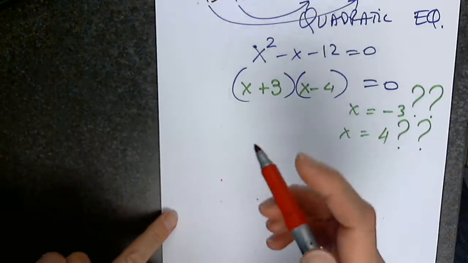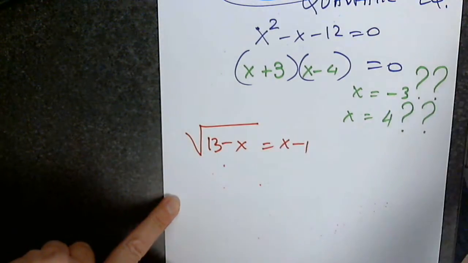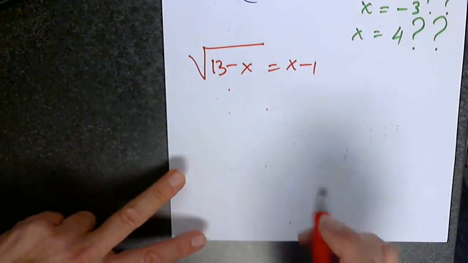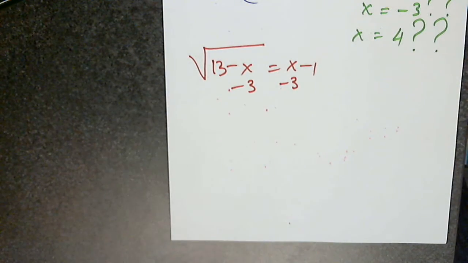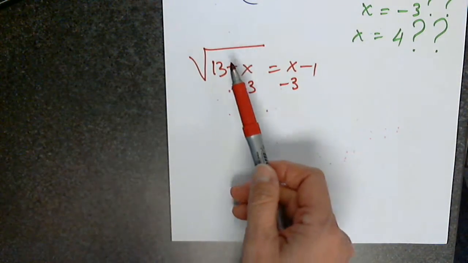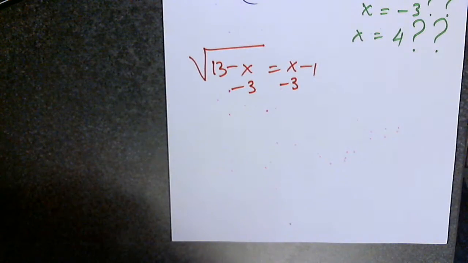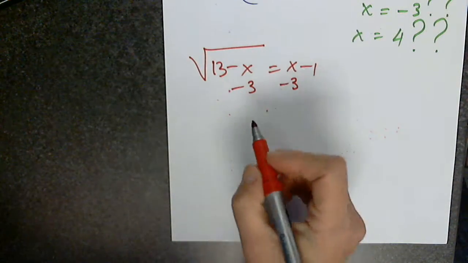Yes, I'm going to write the original problem here. The square root of 13 minus x equals x minus 1. I am plugging in -3. So how much is 13 minus -3? 16. How much is the square root of 16 on the left-hand side? 4.